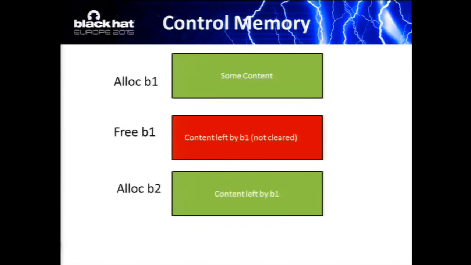And next, we trigger our bug, and the uninitialized memory block, say B2, will be allocated. And here we let B2 be allocated in the memory that was freed by B1. This time, when we access the uninitialized memory in B2, actually we are accessing the data left by B1, which is controlled by us.